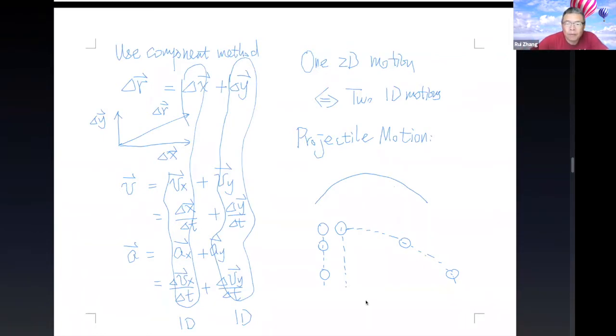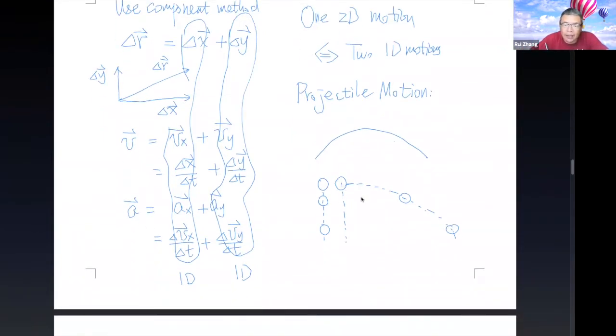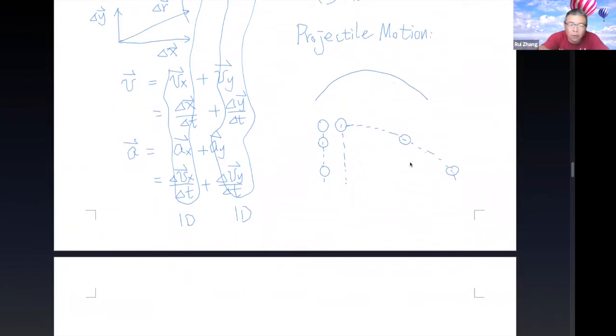This is the approach we're going to use to study projectile motion. What we're saying is, you break this motion down into two components, the x direction and the y direction.